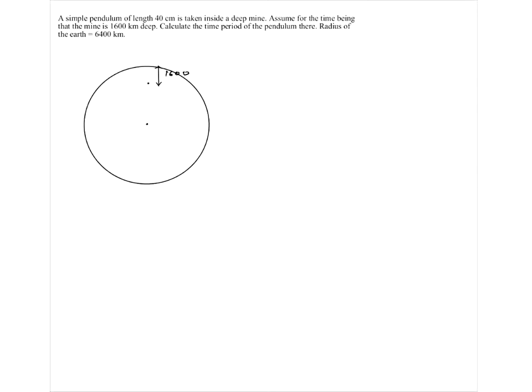So in case of depth, what was it? 1600 is by no means small in comparison to 6400. g dash equal to g into 1 minus h by R. Is it the accurate one?